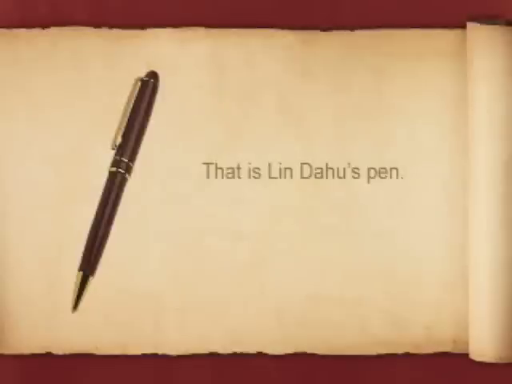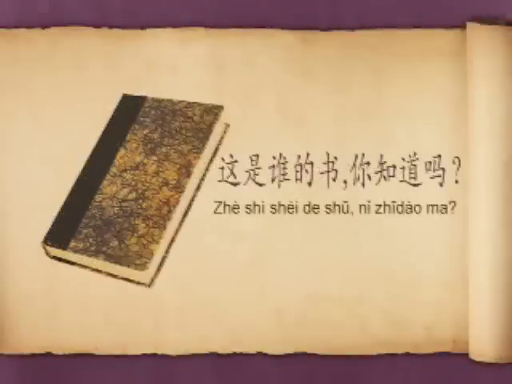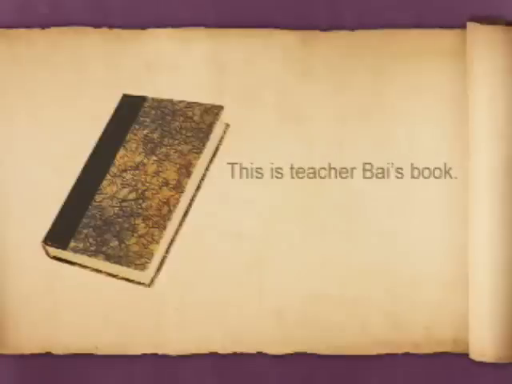The second question was, 这是谁的书？你知道吗？Whose book is this? Do you know? The answer in English is, this is Teacher Bai's book. If you answered correctly, give yourself a point.